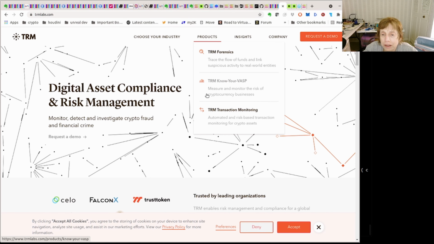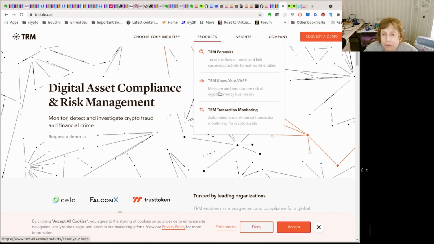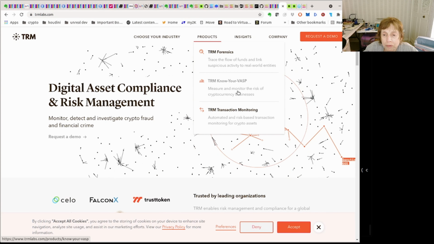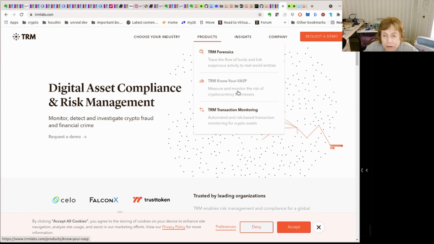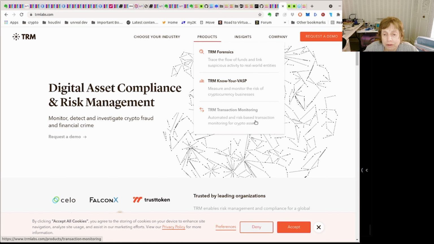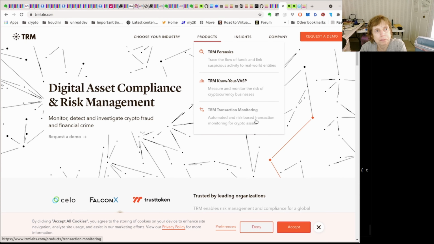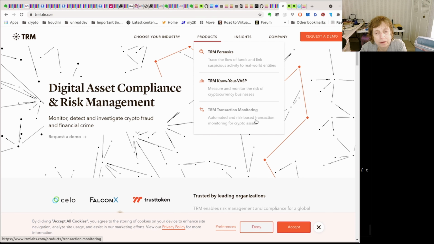TRM Know Your VASP. This is a way to measure and monitor risk of a cryptocurrency business, or perhaps a partner. And TRM Transaction Monitoring, which is the automated and risk-based transaction monitoring. So they're monitoring crypto assets. You can see how this is going to benefit the users of Solana.